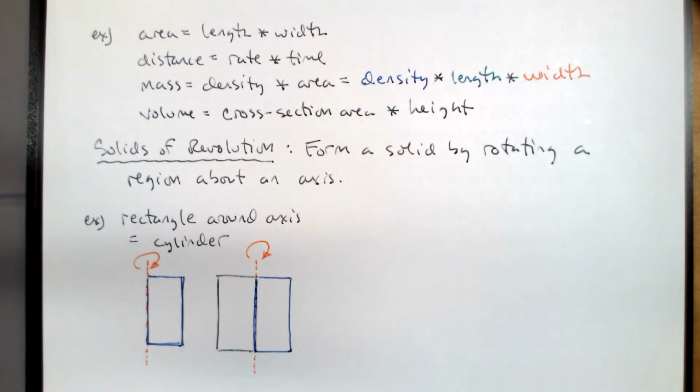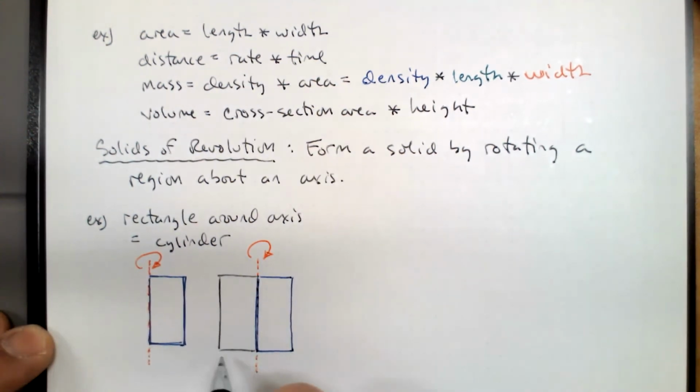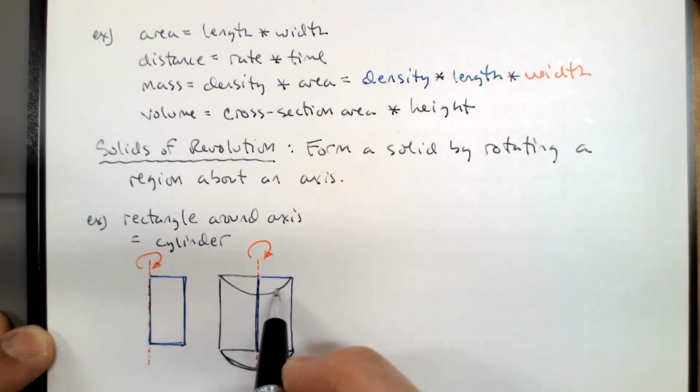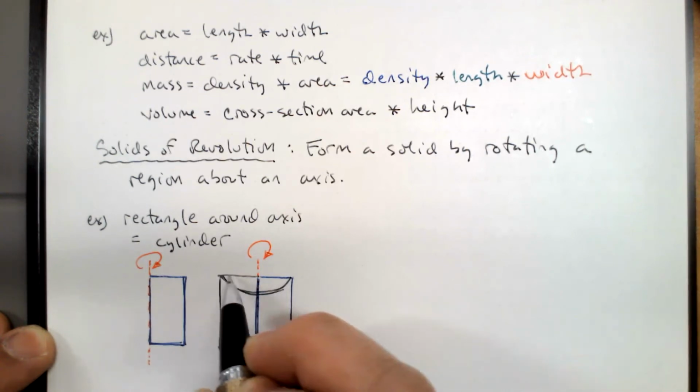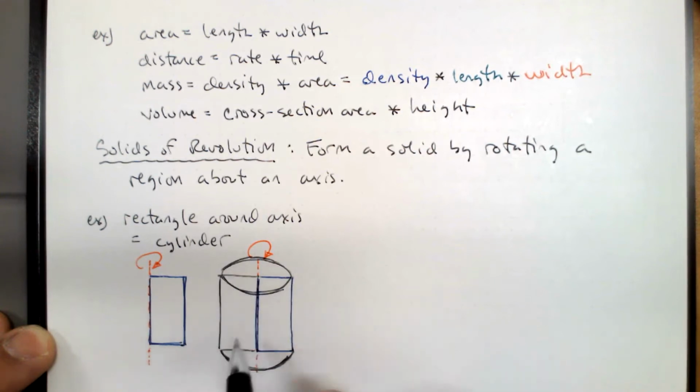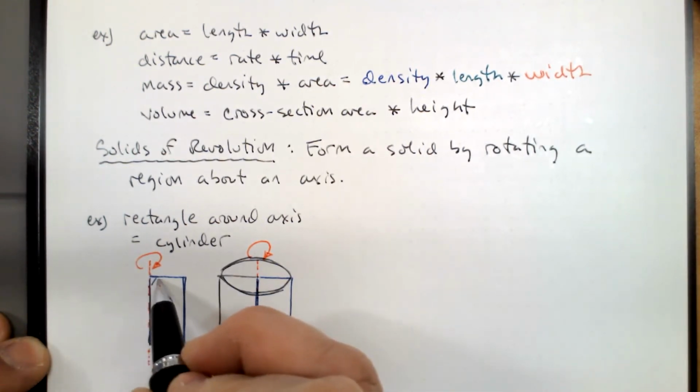From the side view, it just looks like a rectangle because cylinders just look like rectangles from the side. But if we switch to a 3/4 view, we're going to see that rotation coming out of the page. But here's our original rectangle.